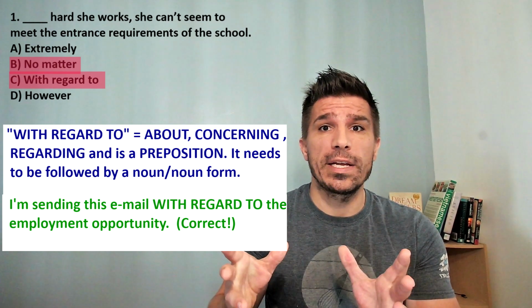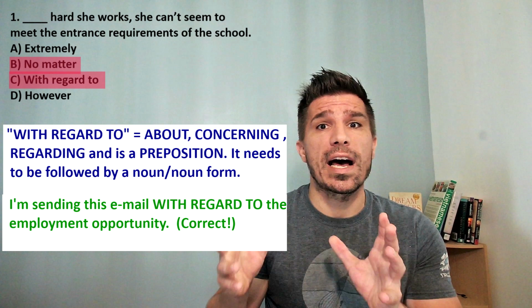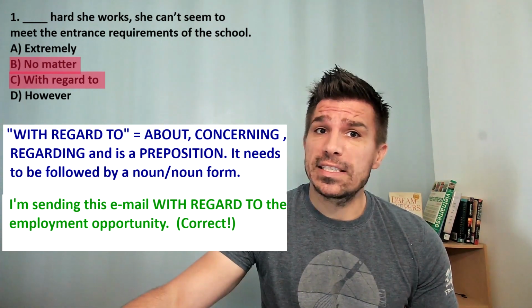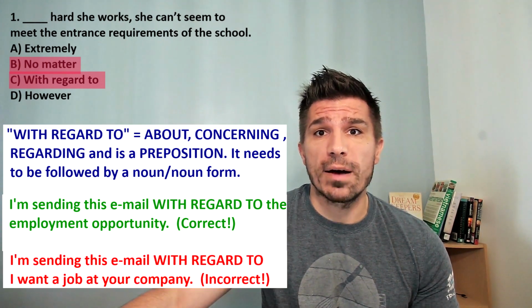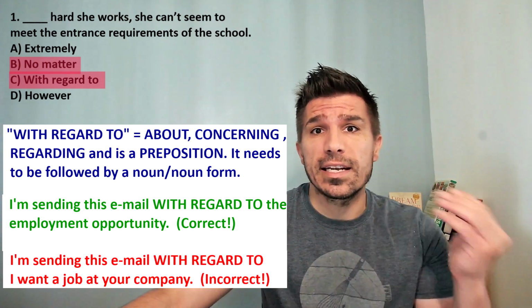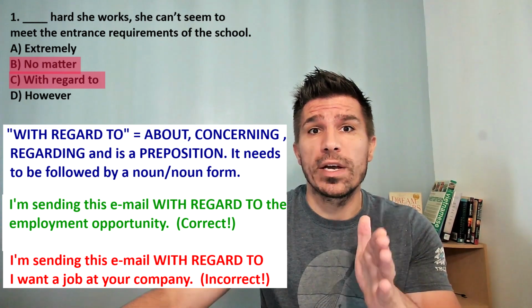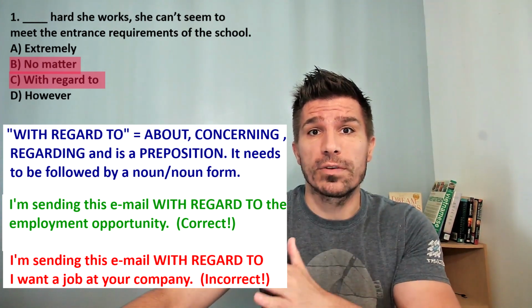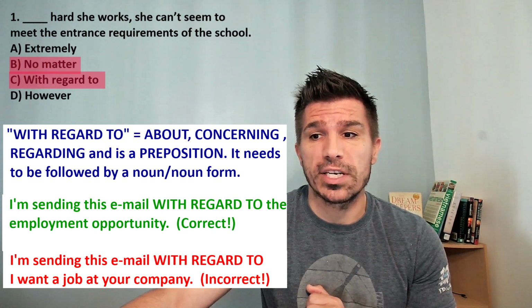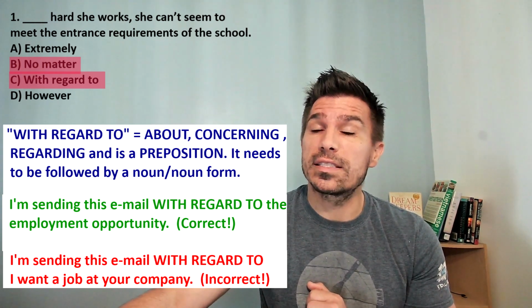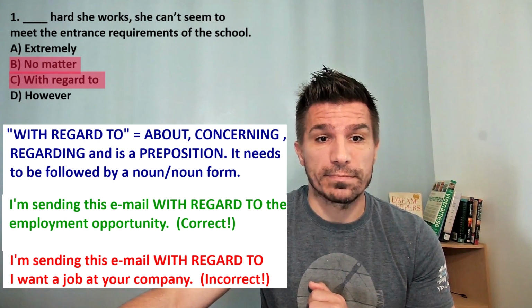Employment opportunity is a noun. Or if I said, I'm sending this email with regard to, I want a job at your company, this is incorrect, because I'm going with regard to subject verb and a preposition cannot be followed by a subject verb. So it's the same problem with no matter.